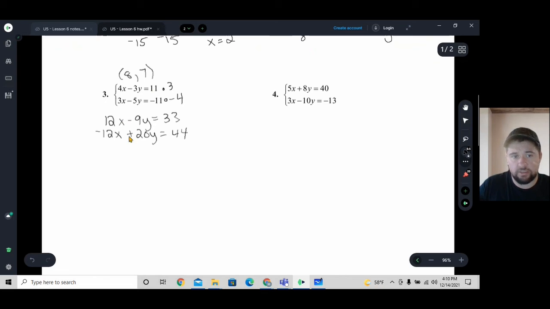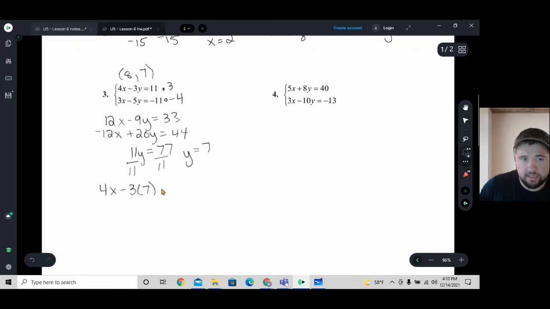My x's will cancel. -9 plus 20 is 11. So 11y equals 77. Divide by 11, y equals 7. Take this 7, plug it back in. So 4x minus 3 times 7 equals 11. 4x minus 21 equals 11.